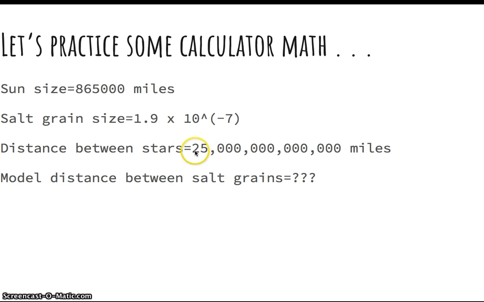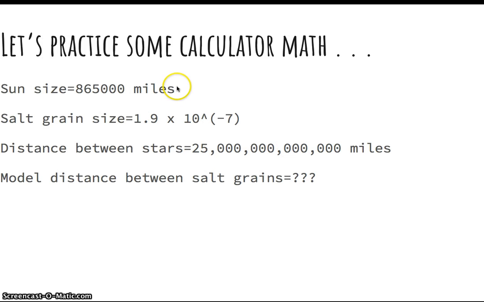The nearest star is 25 trillion miles, 25 with 12 zeros. And the sun is 865,000 miles in diameter. So we used these numbers to do some math and figure out, I think when we did this, the next grain of salt was like 5.2 miles away.